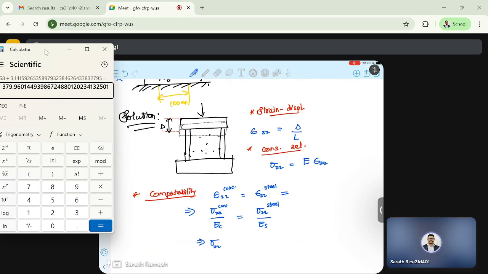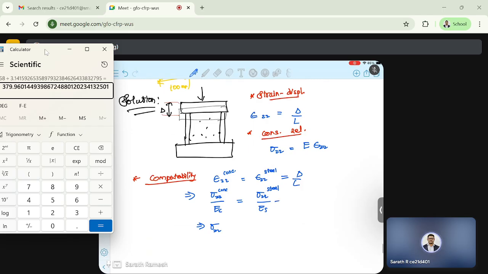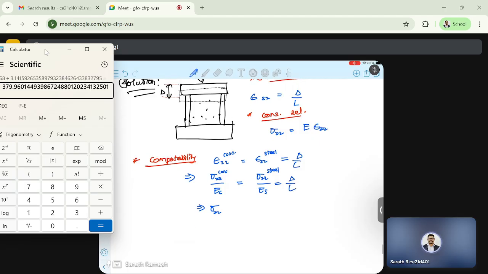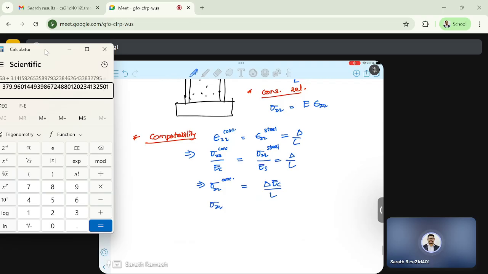So this is nothing but delta by L. Both the strains are the same, right? So sigma zz in concrete will be equal to delta E_C by L, and sigma zz in steel will be equal to delta E_S by L.